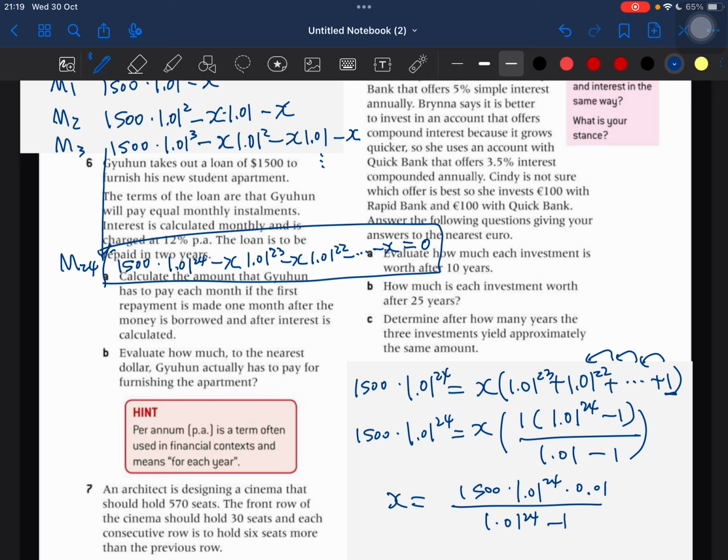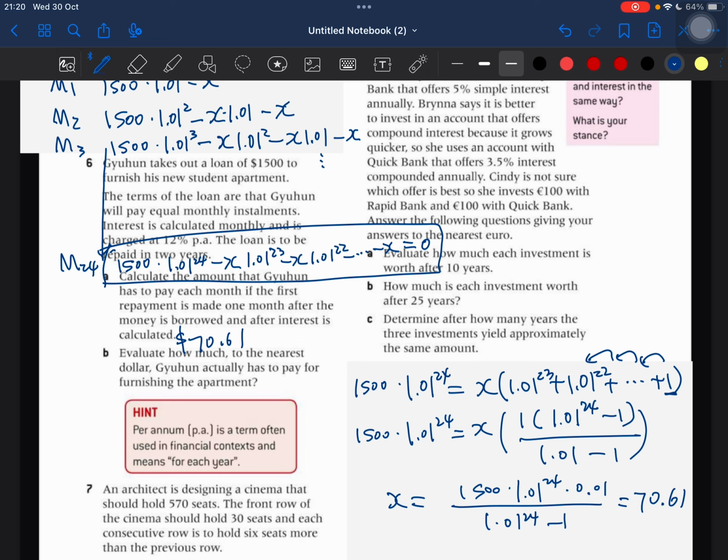Let me calculate it and see how much she should pay. So this is 70.61. So she needs to pay $70.61 every month to be repaid in 2 years.